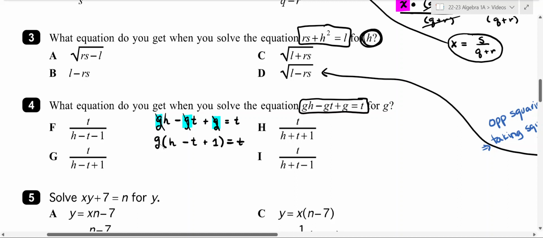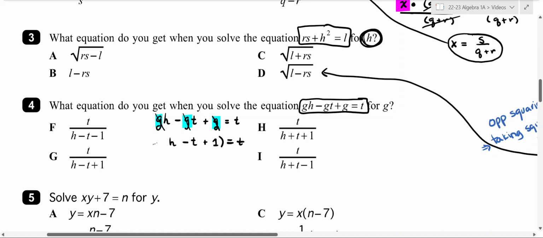Right, so think about it. When you distribute this, you're going to get the GH, you're going to get the minus GT, and you're going to get the plus G. All right, so we know we're right because when we distribute it back in, we get the original terms. Here we go, and once again, this is multiplication, right?